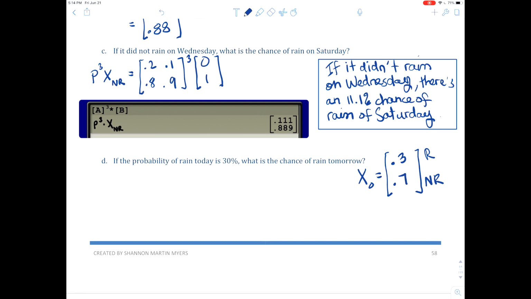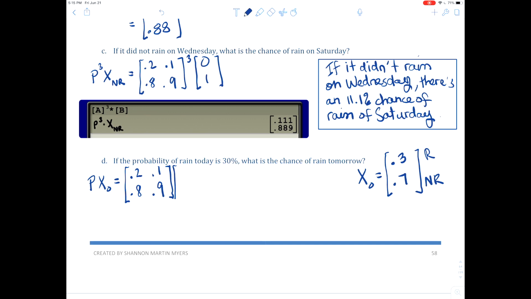Cool so far? If the probability of rain today is 30%, what is the chance of rain tomorrow? Well, it would first have to rain today, right? And so assuming that it rains, let's see what we get. We would get our P times this x0. And then that would be 0.2, 0.1, 0.8, 0.9.